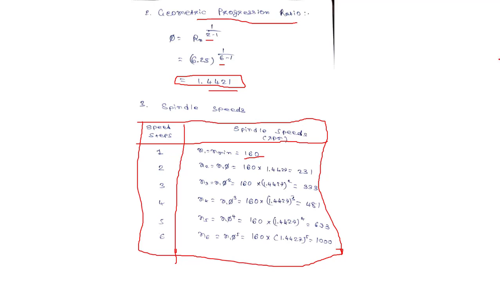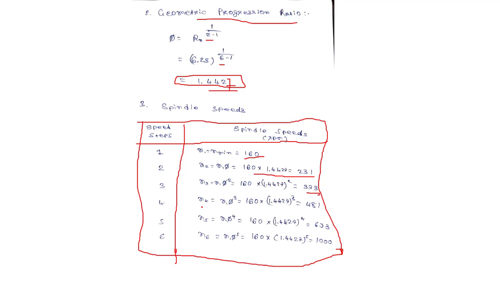So we get, here the value of phi is 1.4427. So we get N2 equal to 231. In the same way, N3 is equal to N1 into phi squared, so its value is 333.